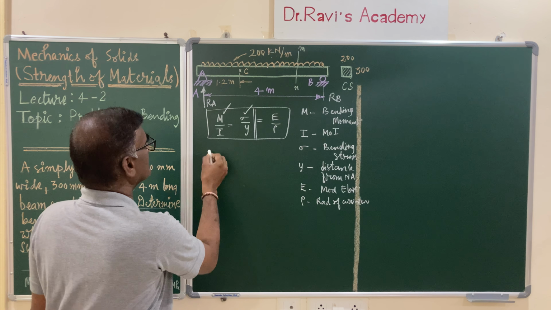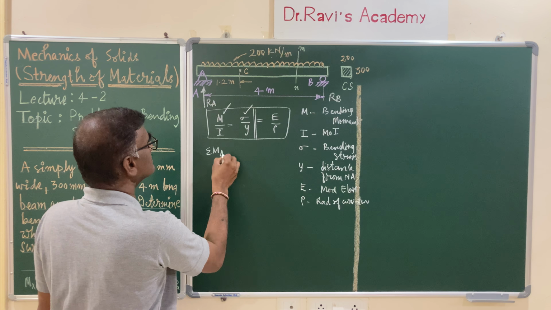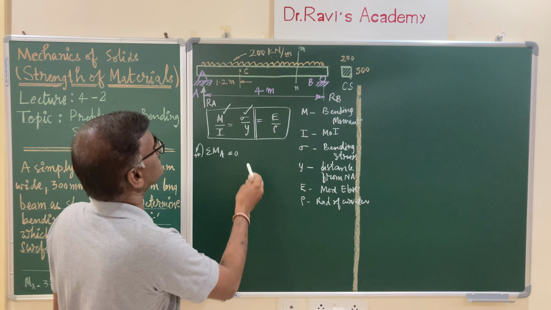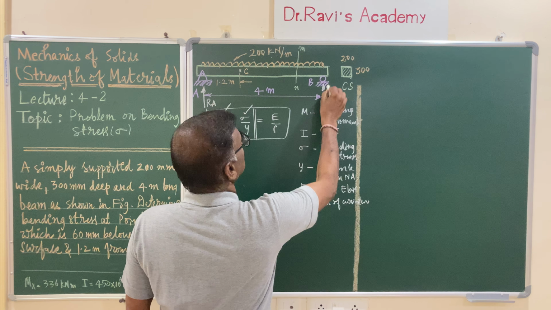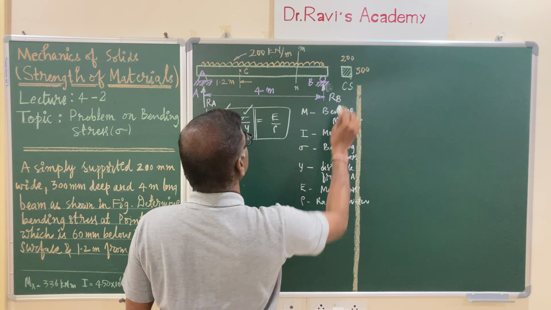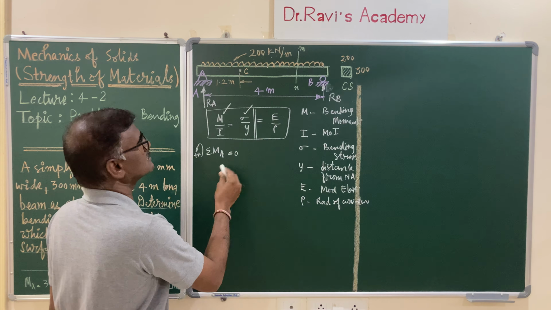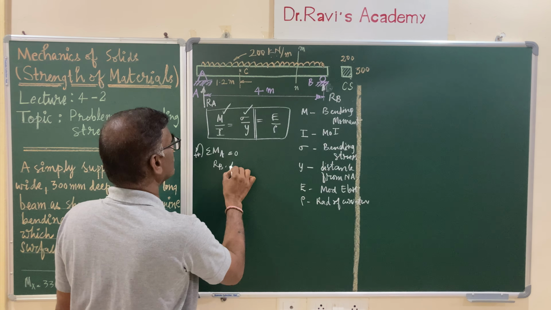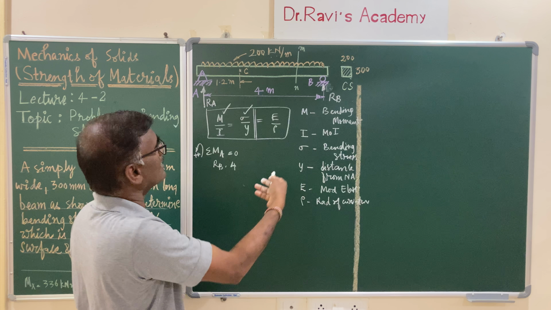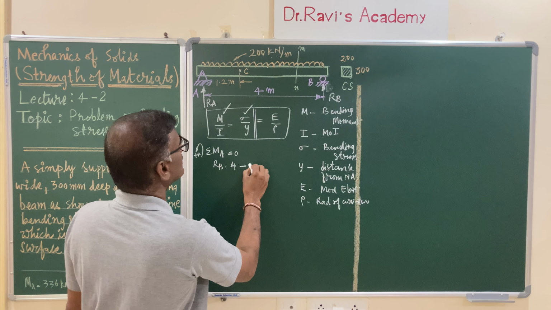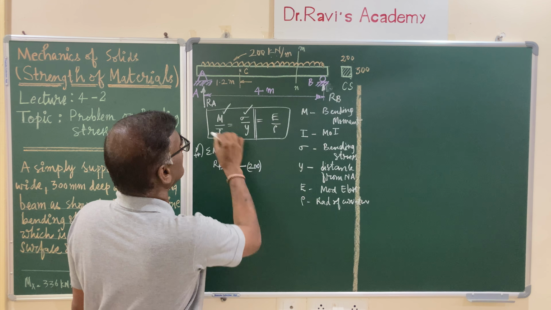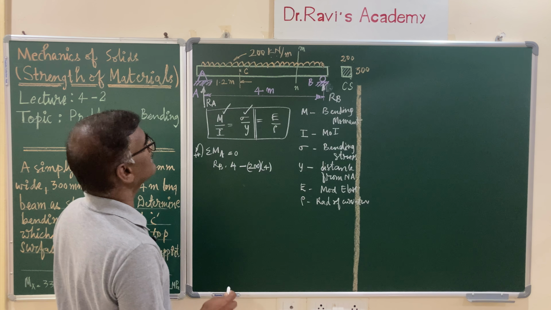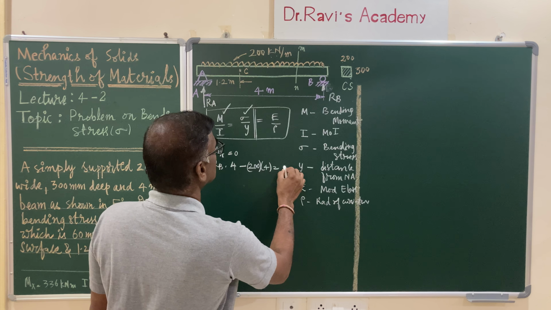Let us write sigma MA is equal to 0, treating anticlockwise moments as positive. RB contributes anticlockwise, which is positive, so I write RB into the moment arm 4 meters, and the load contributes a clockwise turning effect, that is minus 200 into 4, acting at a distance of 2 meters, is equal to 0.